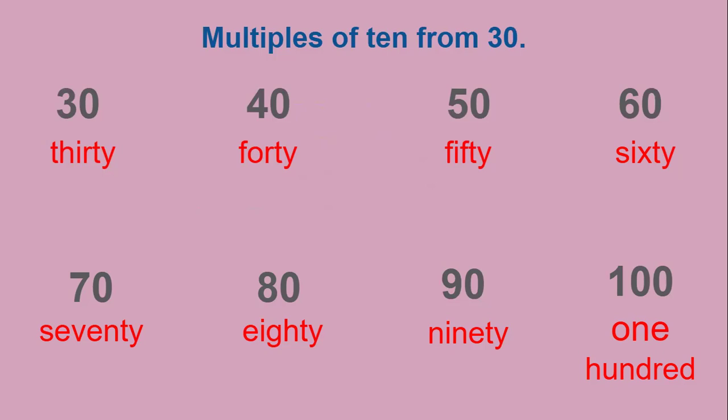Great. These are the multiples of 10 from 30. We know how to say them now. We can move to the next section.